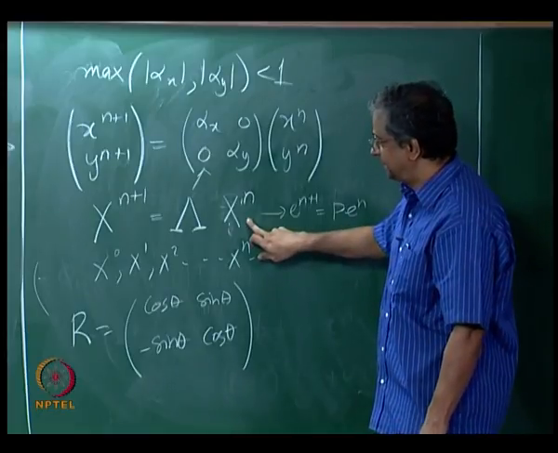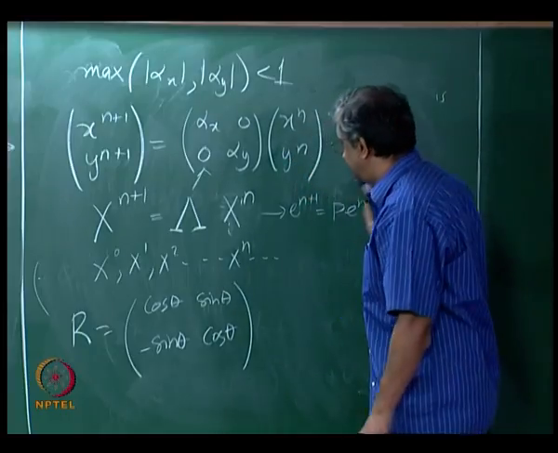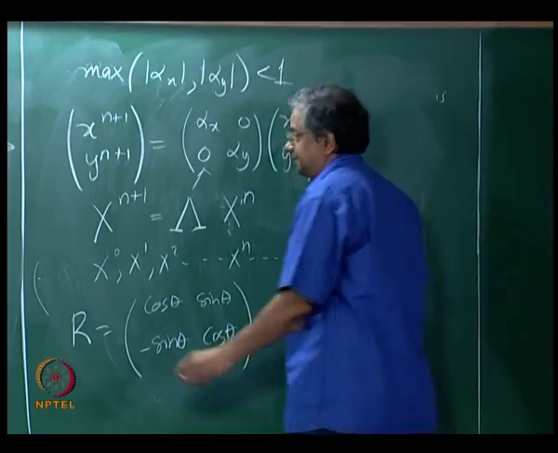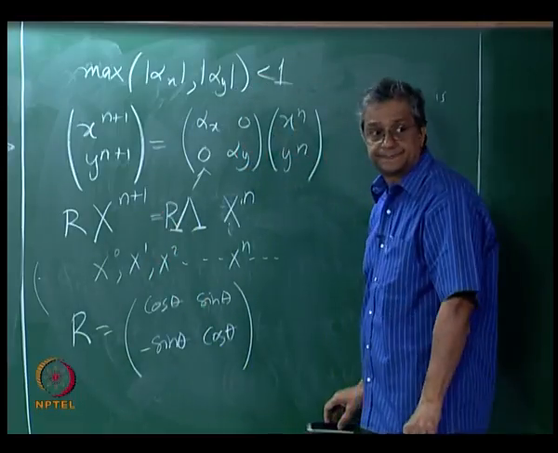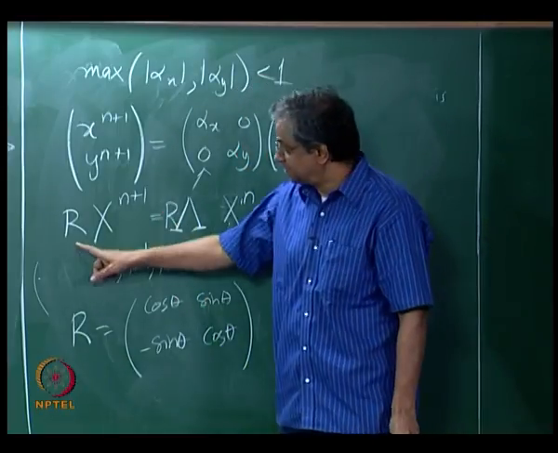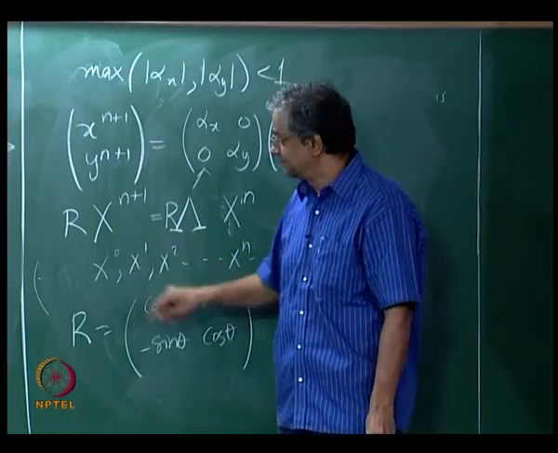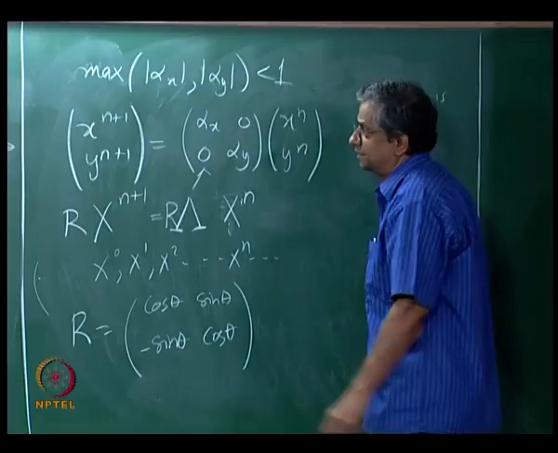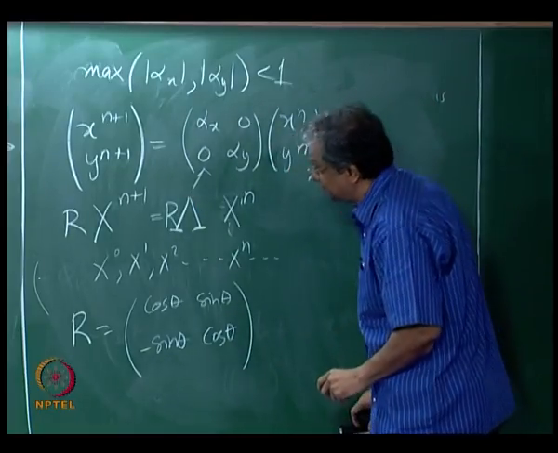So if I take this equation and pre-multiply it by R, R x n plus 1 will give me psi, the vector psi which consists of the entries.